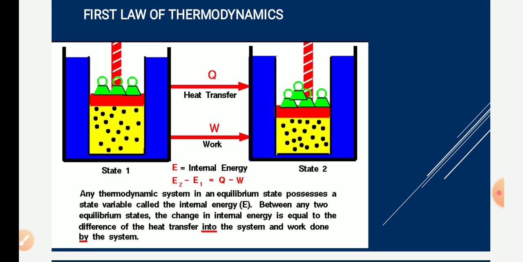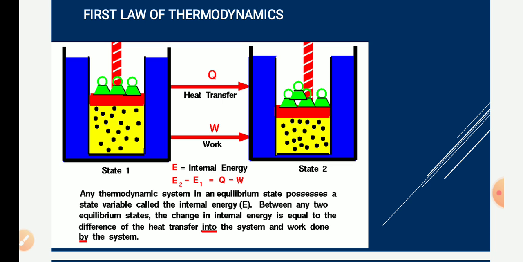Here what you will observe is that the change in internal energy equals the difference between the transfer of heat energy into the system, that means from state 1 to state 2, and the work done by the system. Here the piston rises.